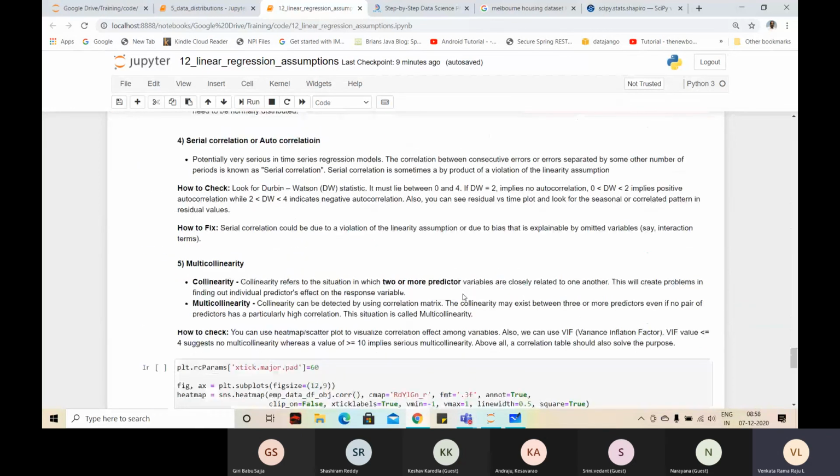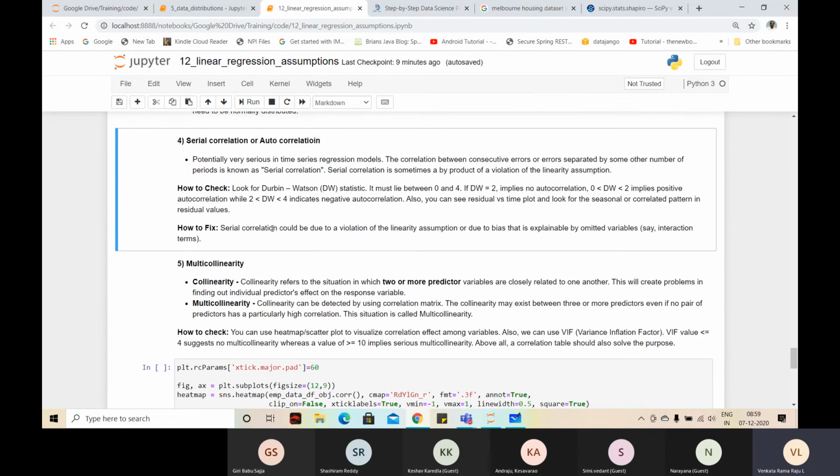If the Durbin-Watson value is equal to 2, no autocorrelation; less than 2, positive autocorrelation is there; 2 to 4, it is negative autocorrelation. Also you can plot residuals as a time plot and look for serial correlation or autocorrelation.